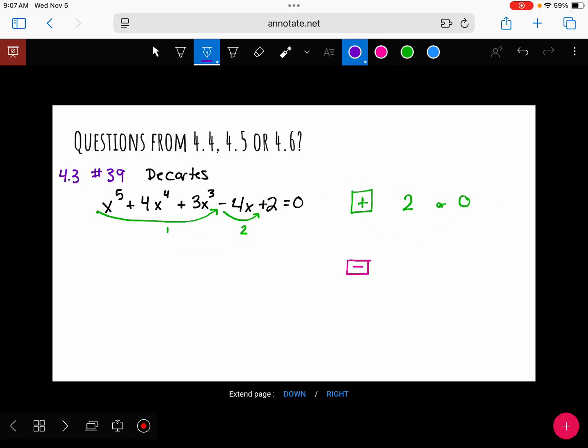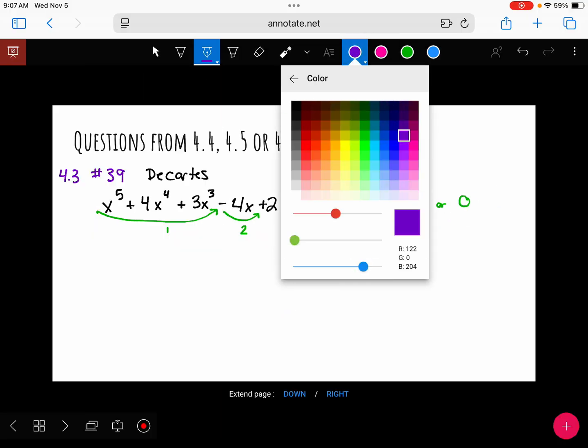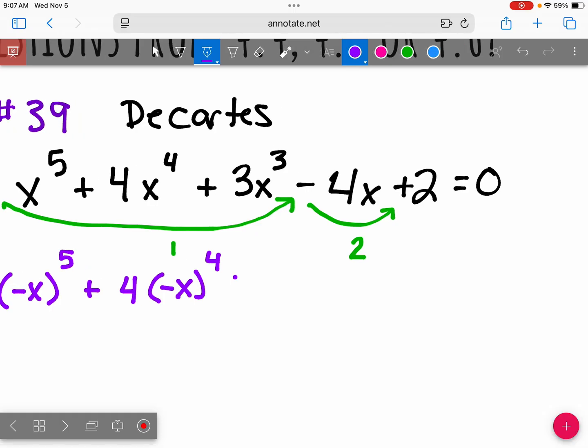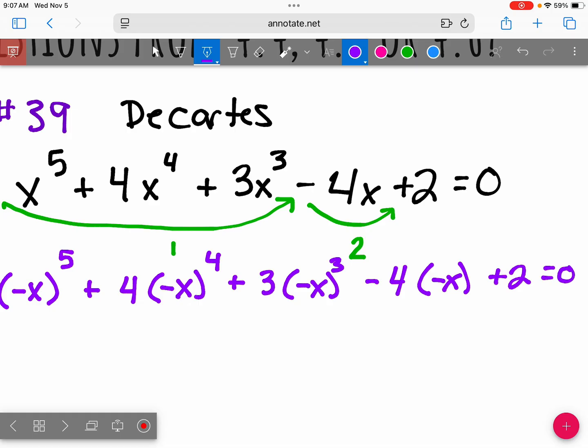So we're going to take minus x to the 5th plus 4 times minus x to the 4th plus 3 times minus x cubed minus 4 times minus x plus 2. So we're substituting minus x in as an in-between step.